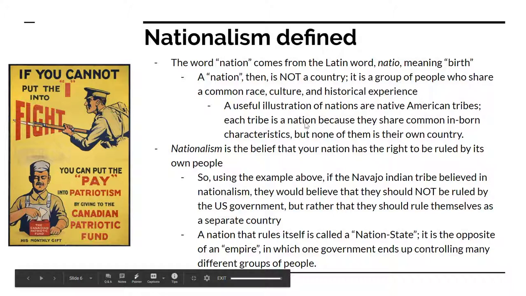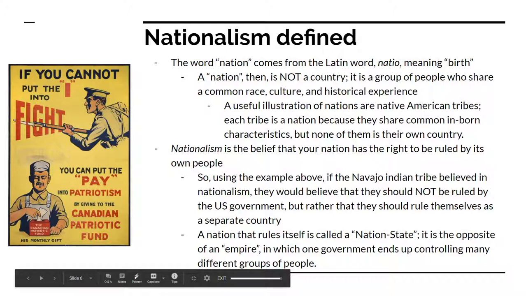So, for example, if we take a Native American tribe, let's say the Navajo, right? If the Navajo believed that they should rule themselves, that the Navajo should rule the Navajo, and not the United States government, that would be a nationalist idea, right? Believing that they have the right to rule themselves because they understand themselves, they would feel unfairly treated if someone else was ruling them, right?